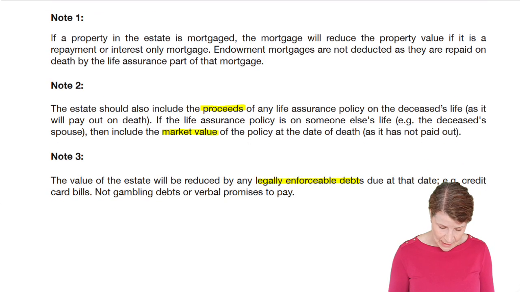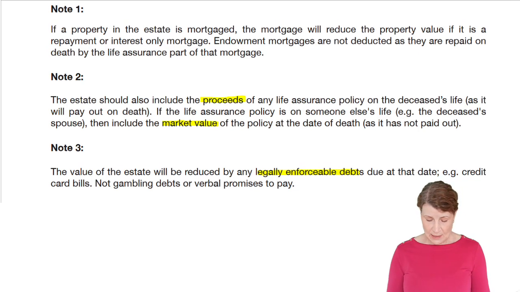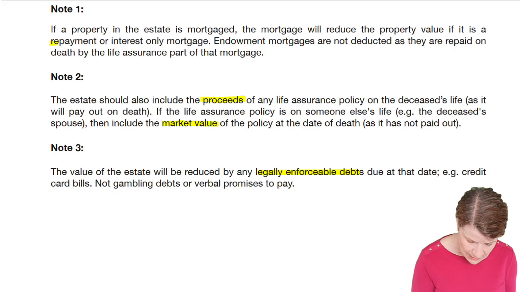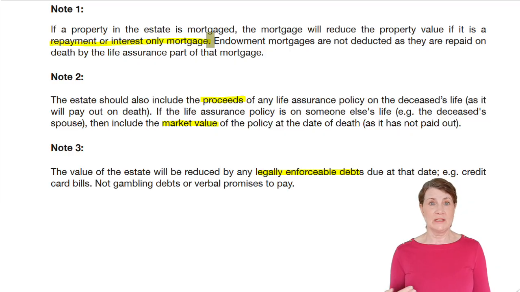Now, little note there. So I've gone through a couple of them. One thing that I didn't mention was to do with the mortgage. So we can deduct a mortgage against a property if it's a repayment mortgage or an interest-only mortgage. Now, there is something in existence, or it used to be, they're not very common these days, something called an endowment mortgage. And an endowment mortgage contained an element of life insurance.